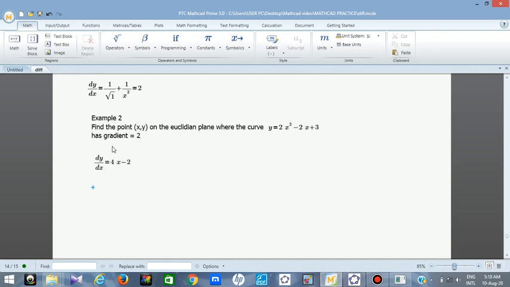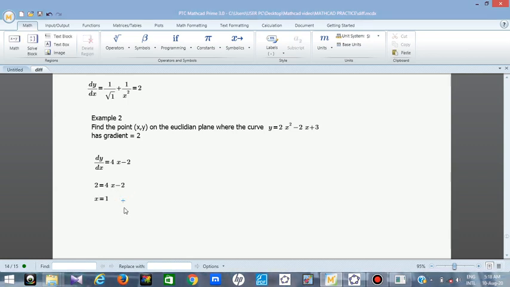Since they gave you the gradient as 2, you just say 2 equals 4x minus 2. Then if you solve it very well without wasting time, x is going to be equal to 1.